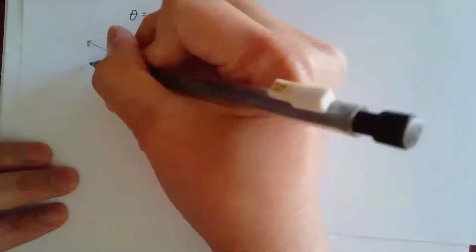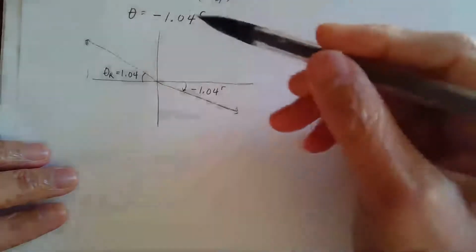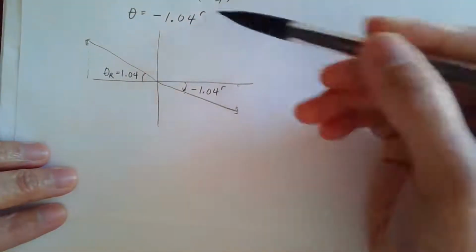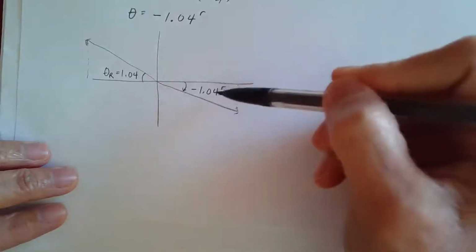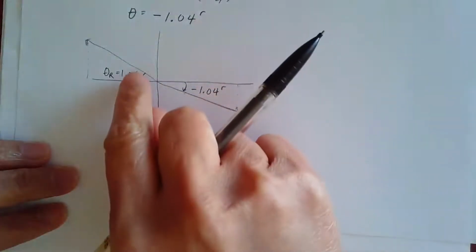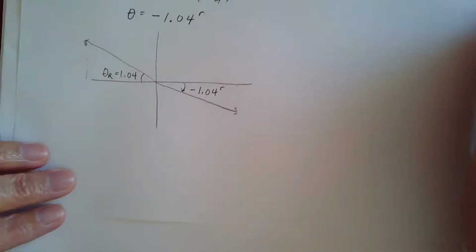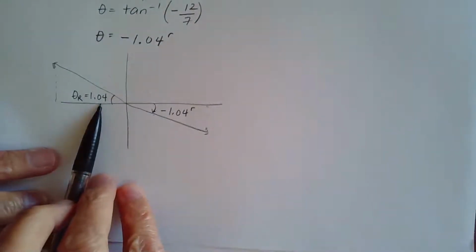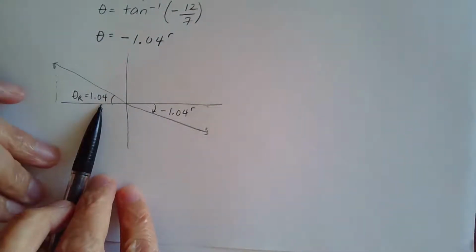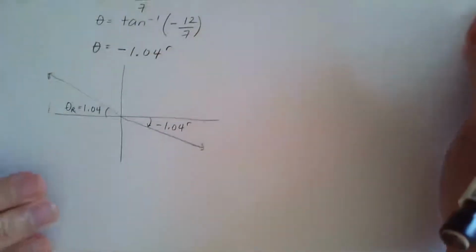Now, because they gave us a negative, our calculator can only calculate one solution. We have to seek out the other possible solution, which is in quadrant 2. So our reference angle here is positive 1.04. We're going to look for all of the angles.